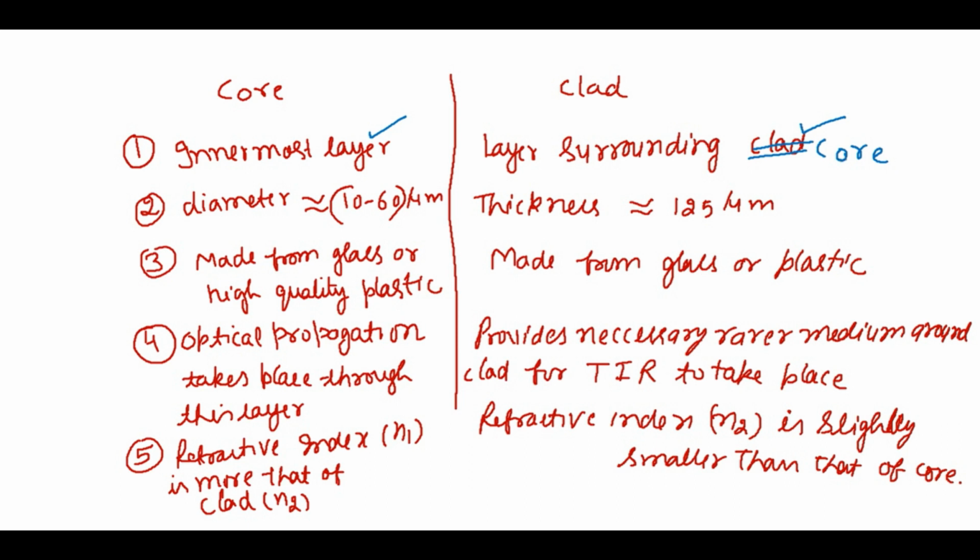The diameter of core is of the order of 10 to 60 micrometer. On the other hand, the thickness of clad around the core is of the order of 125 micrometer. This third point is actually not a difference, it is a resemblance. Both core as well as clad are made from plastic and both are transparent.